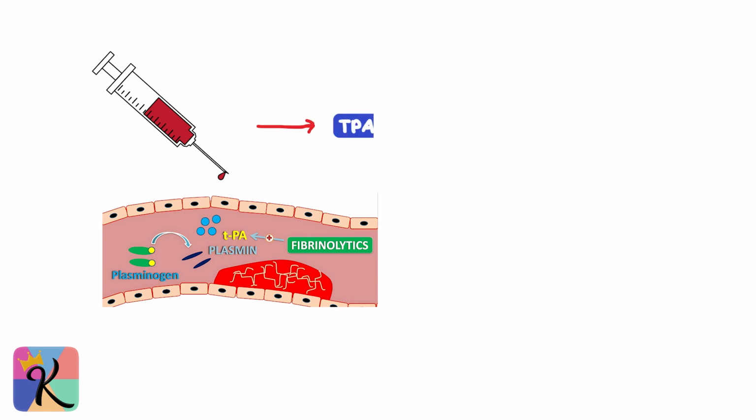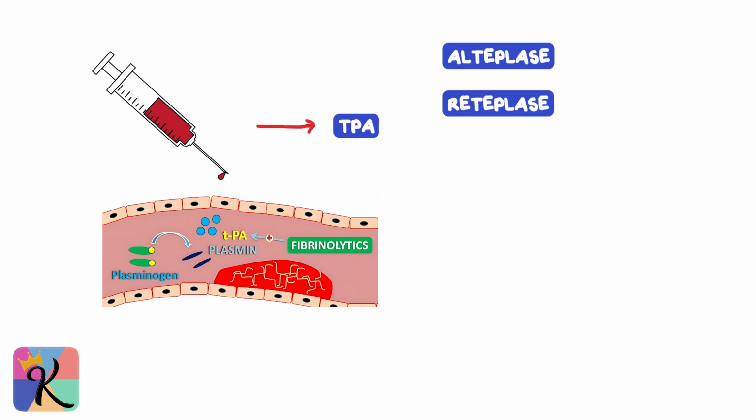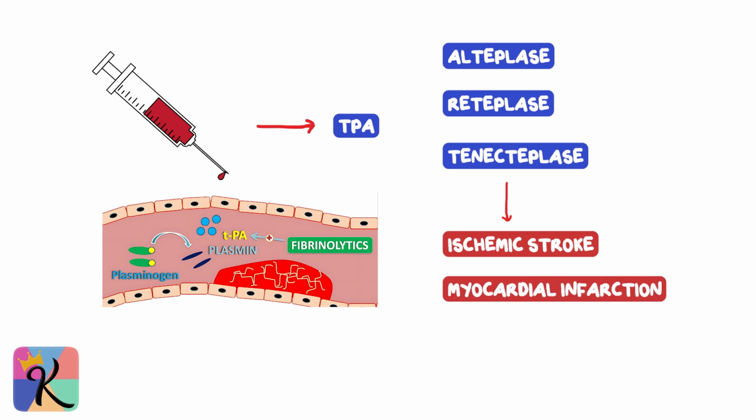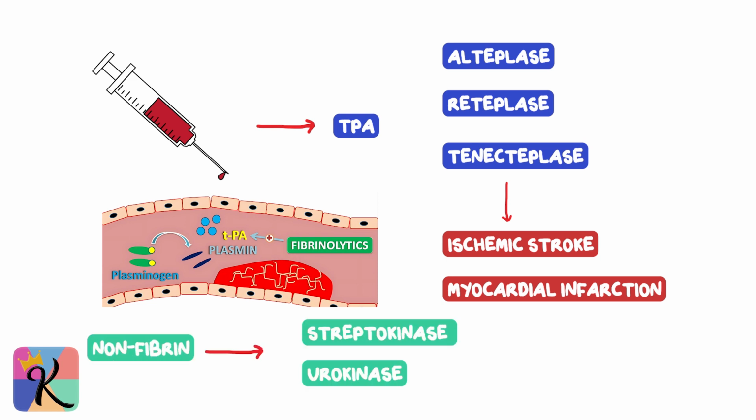Fibrin-specific agents like TPA and its recombinant forms, such as alteplase, reteplase, and tenecteplase, are commonly used to treat acute conditions like ischemic stroke or myocardial infarction, where rapid clot dissolution is necessary. Non-fibrin-specific agents like streptokinase and urokinase are also used, although they are less targeted and can cause systemic fibrinolysis, leading to a higher risk of bleeding.